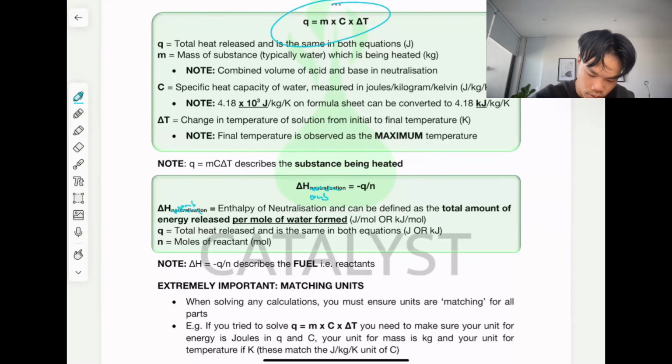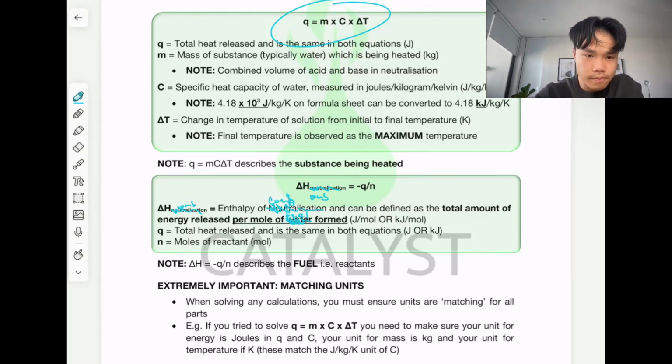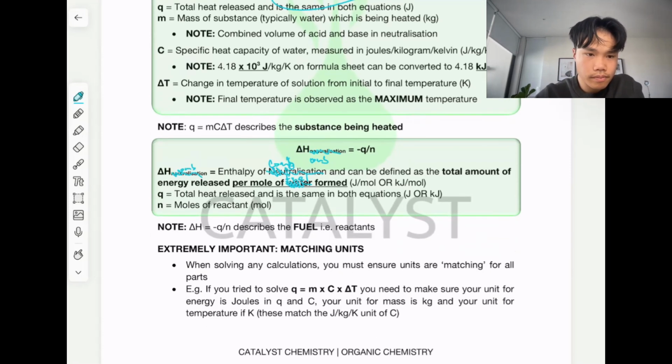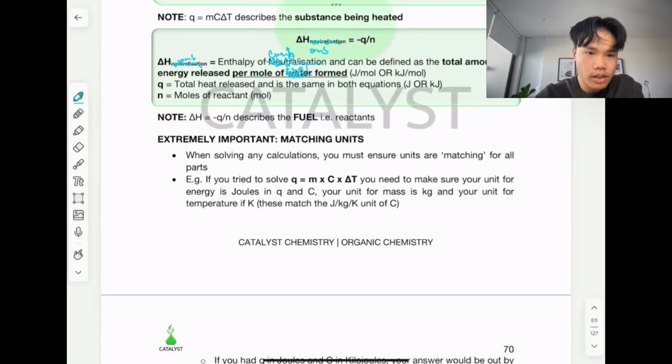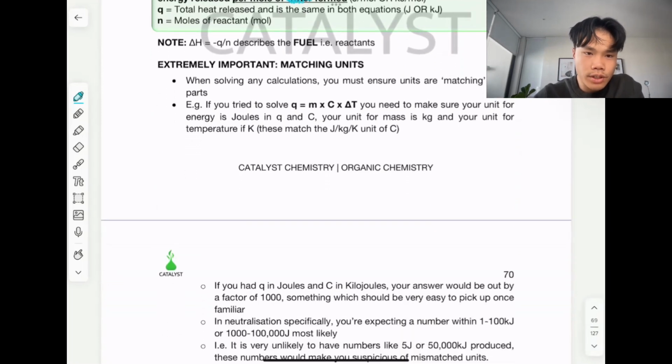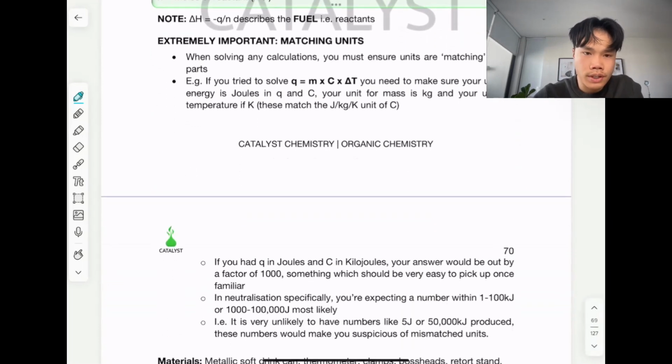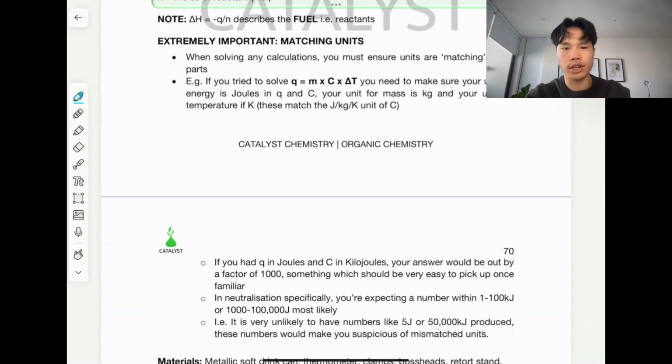It is not the energy released per mole of water, it's the energy released per mole of fuel. Always match your units. So you're always matching to your c. If you use joules per kilogram per Kelvin, everything else has to be in those units.